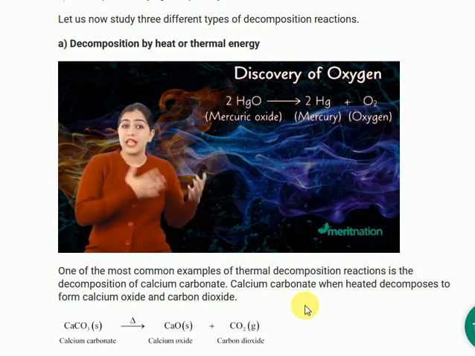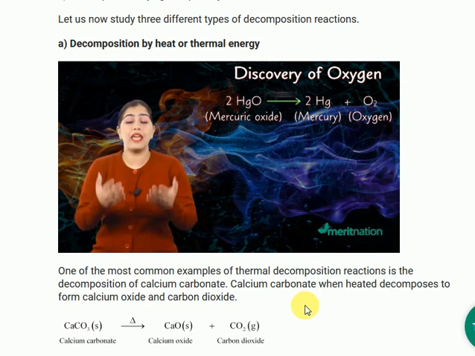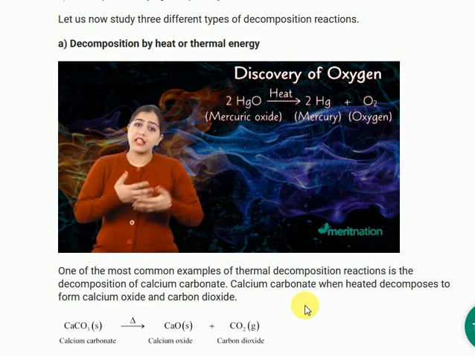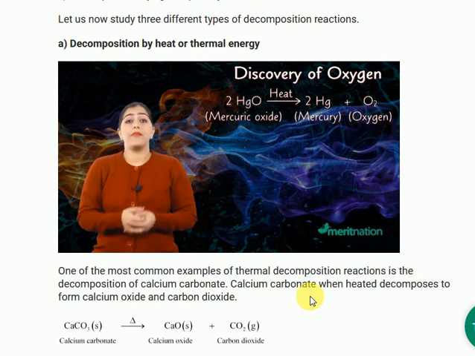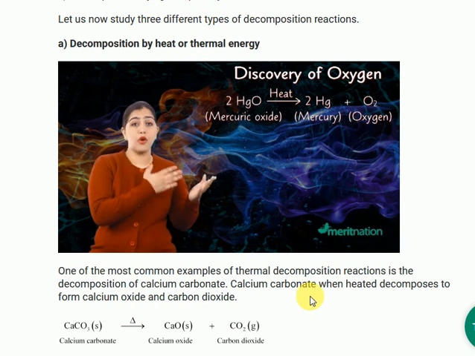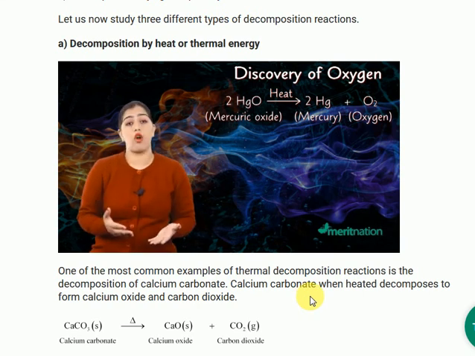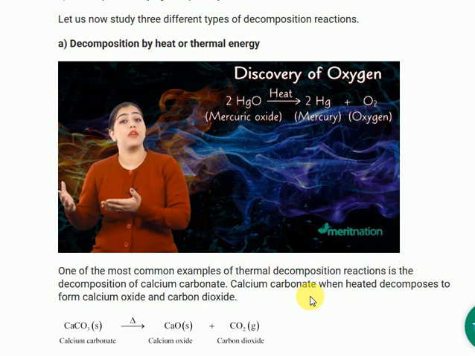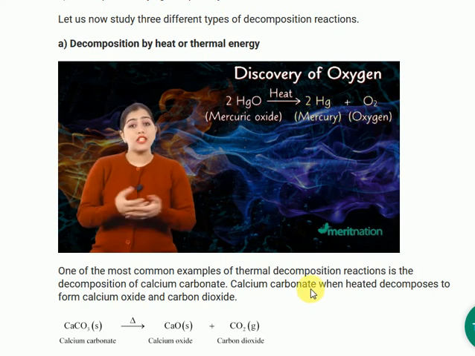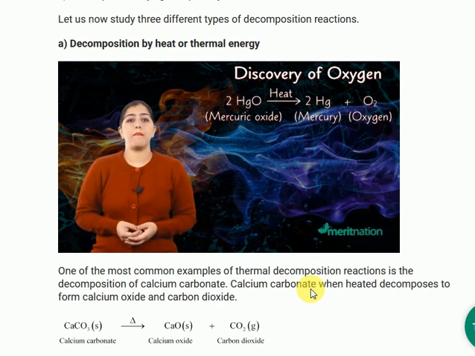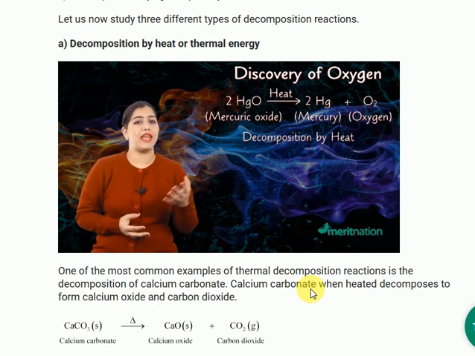So this reaction was driven by heat. And when I say that this reaction was driven by heat, it implies that heat broke or decomposed mercuric oxide into its constituent elements like mercury and oxygen. So this reaction is a perfect example of decomposition by heat.